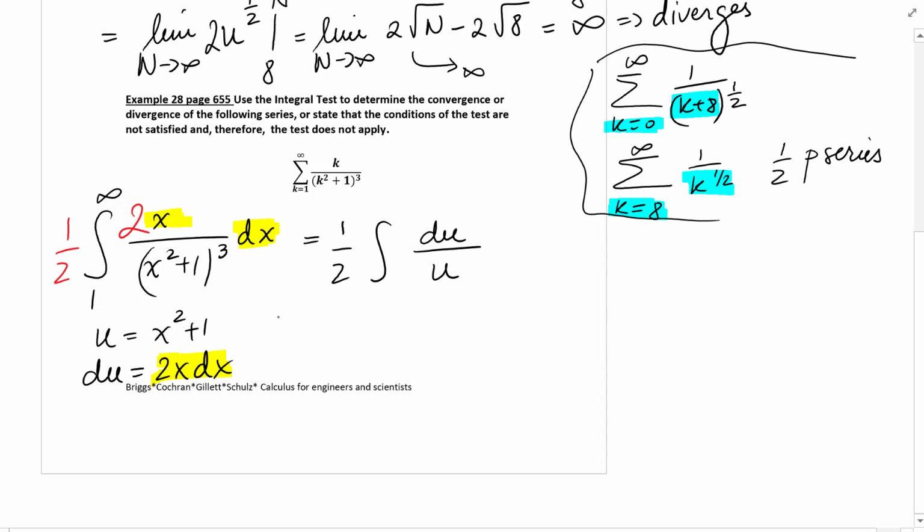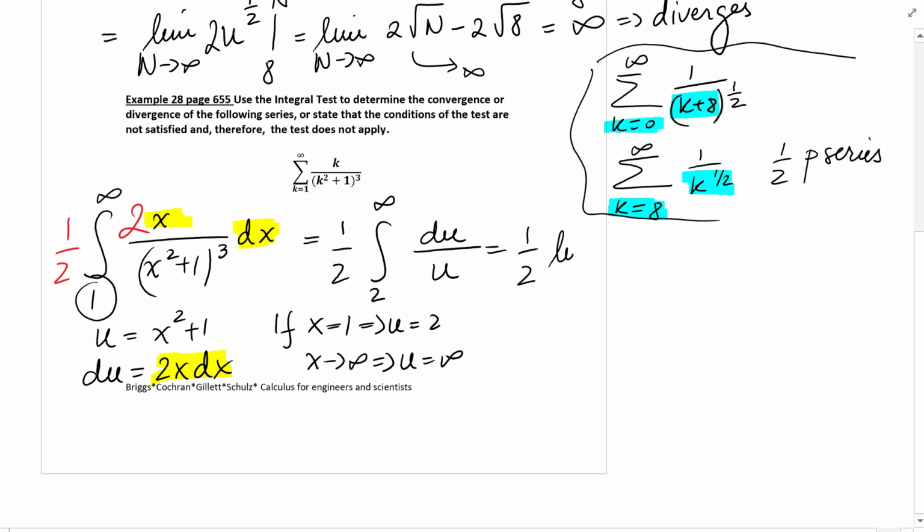Now if x is equal to 1, u is going to be 2. And if x is approaching infinity, u is going to approach infinity. So this integral is going to be 1 over 2 times the limit as n approaches infinity. I can calculate this integral right away: ln of the absolute value of u evaluated from 2 to n.